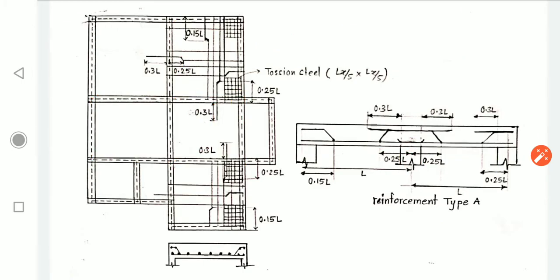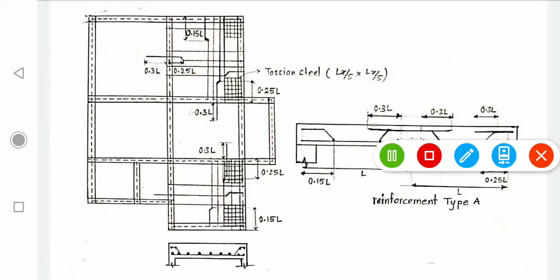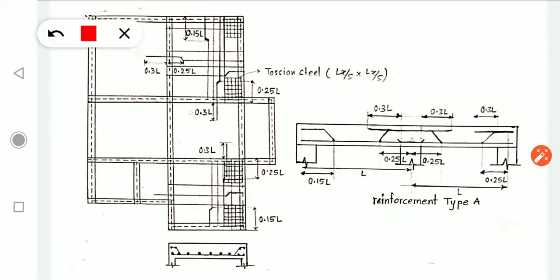So continuity is necessary. Now, as I said, this is the one bar which you laid in the middle strip, bottom side, that will continue over a support and will end at the exterior face of the support. Understood? That's the bottom reinforcement. Second one will be your bent up bars.